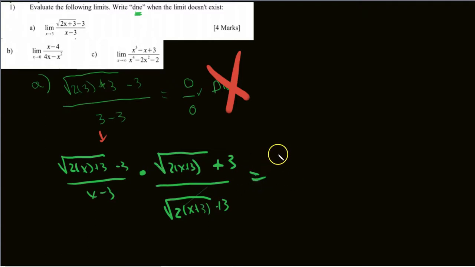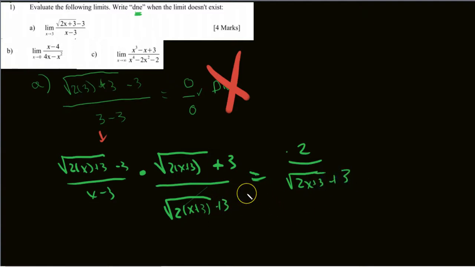So evaluating this expression, we end up getting 2 over root 2x plus 3 plus 3.